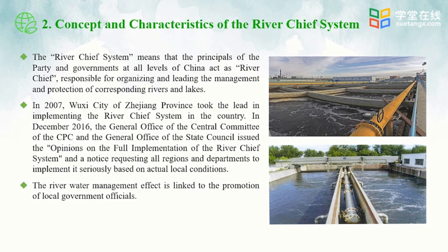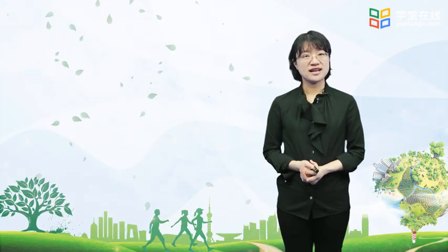People in the surrounding provinces and cities thought that the river chief policy was so effective and began to implement this policy in their own cities. Then the river chief policy was gradually implemented in Zhejiang province. During the next few years, people in other provinces and cities along the Yangtze River also gradually used the river chief policy.